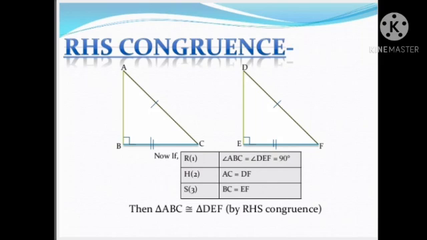According to RHS, these two triangles are congruent because, first, angle ABC is equal to angle DEF, equal to 90 degrees, that is, a right angle. Next, AC is equal to DF. It is the hypotenuse because it is opposite the 90 degree angle. BC is equal to EF. It is one side. Therefore, triangle ABC is congruent to triangle DEF by the RHS congruence criterion.